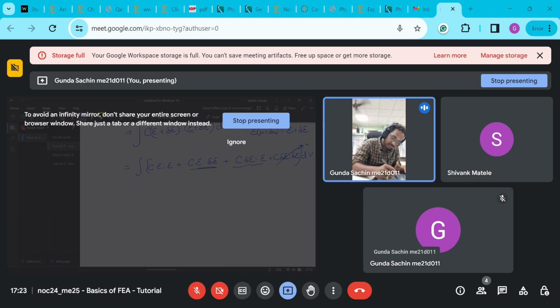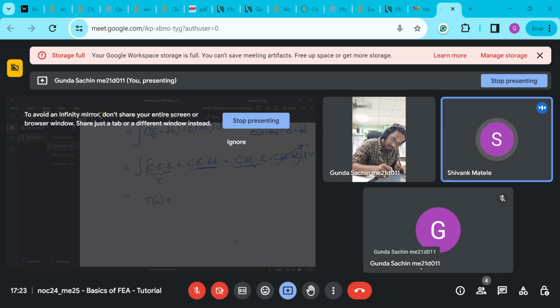This one would be 0 because we are multiplying both very small things, and these two are same, and this one would be pi.